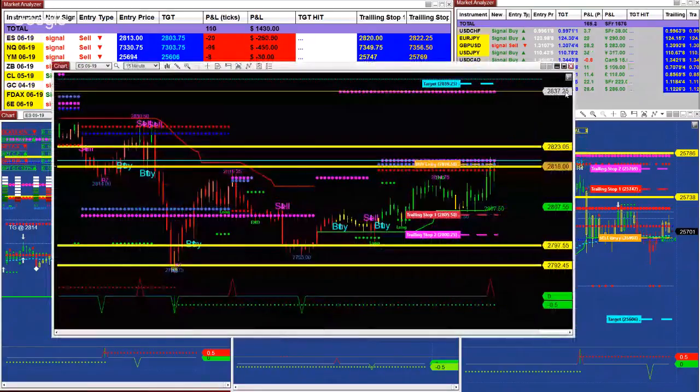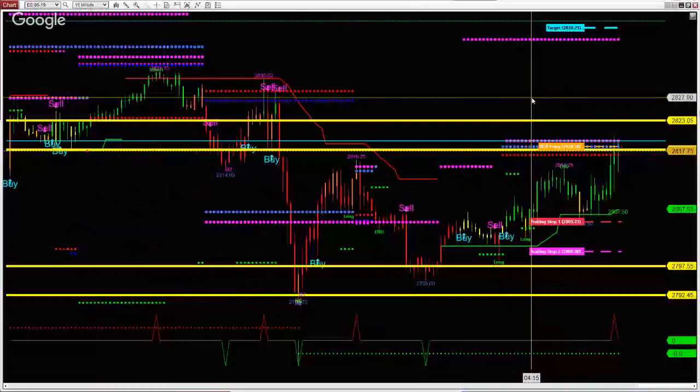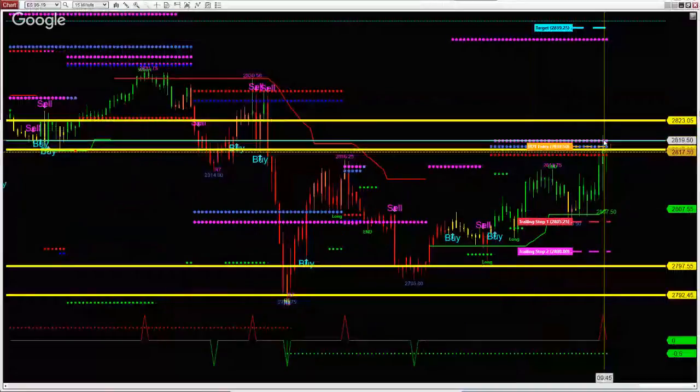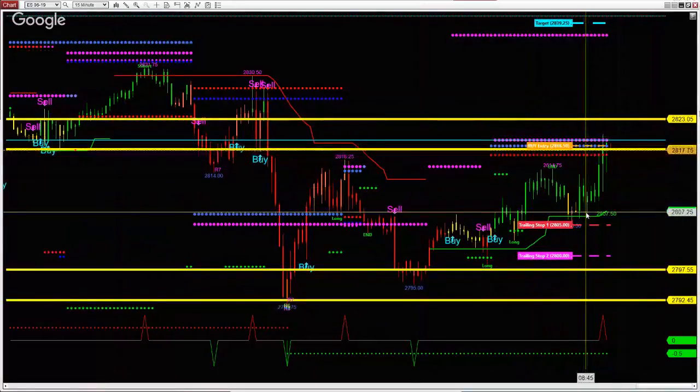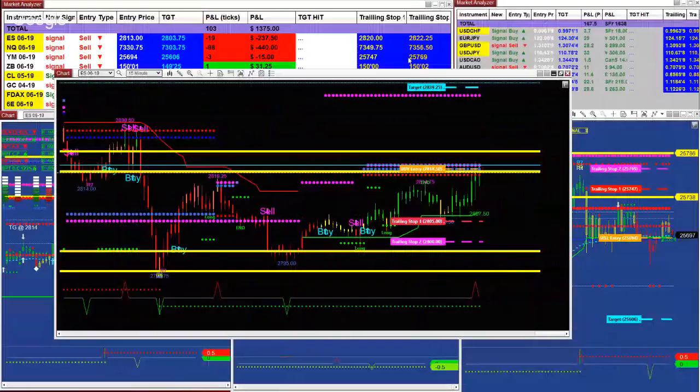When you first start, you need to look a little bit more, see what's going on on a larger time frame to understand what's going on. So I don't want to confuse you with it right now.